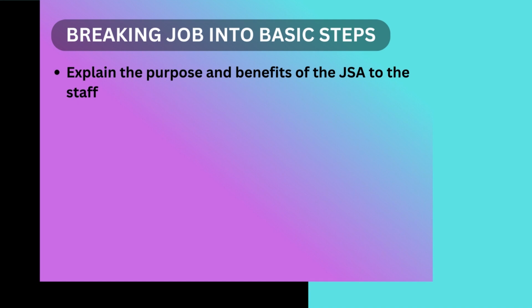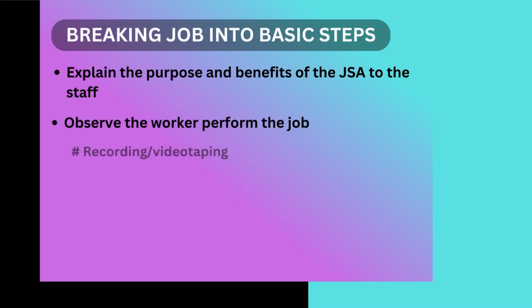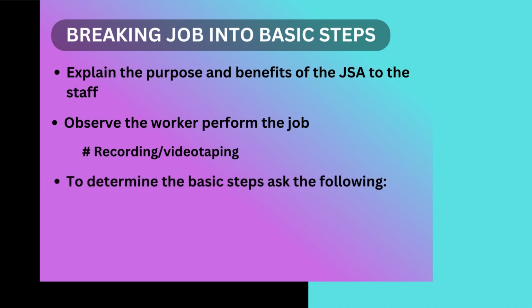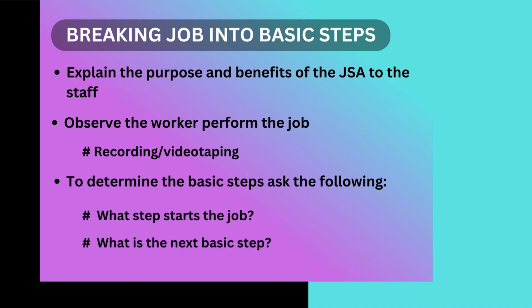Explain the purpose and benefit of job safety analysis to the staff. Then observe the worker perform the job, and record or videotape. To determine the basic steps, ask the following: what step starts the job? What is the next basic step?